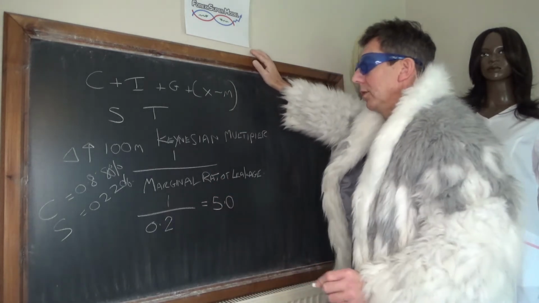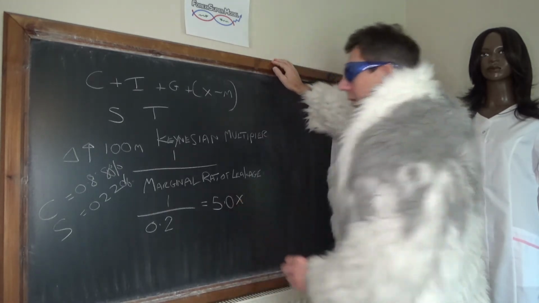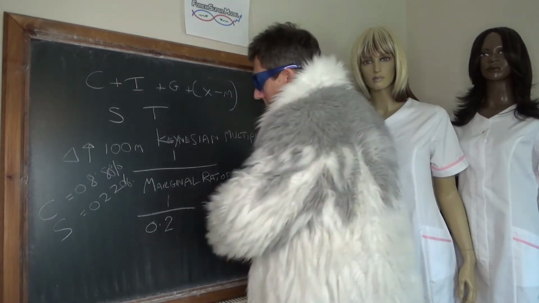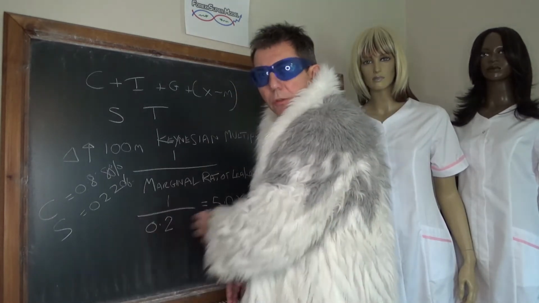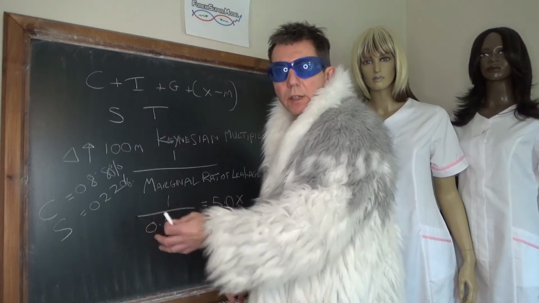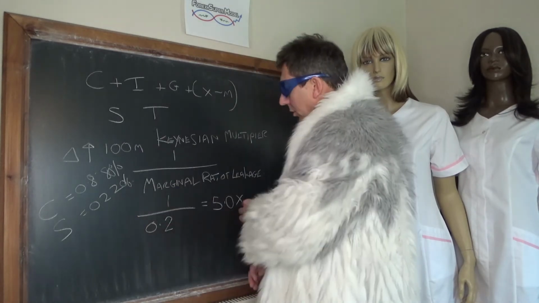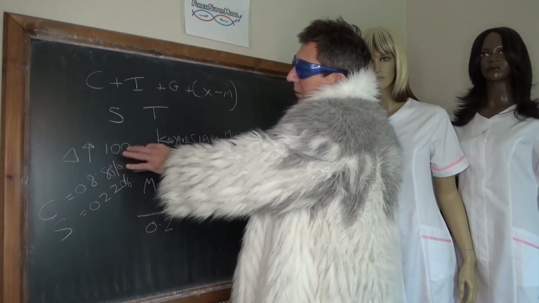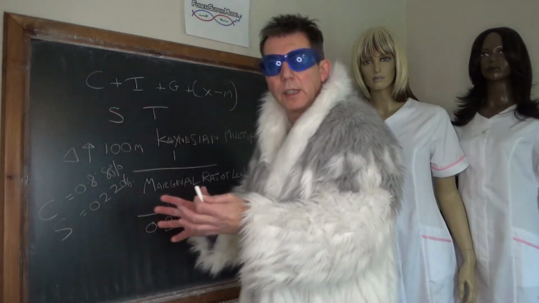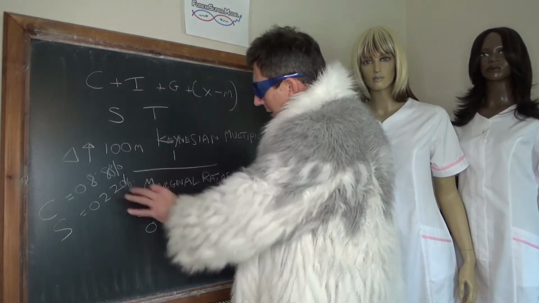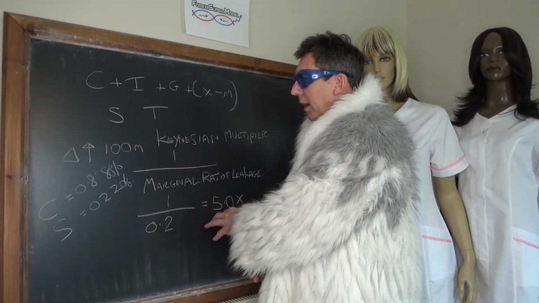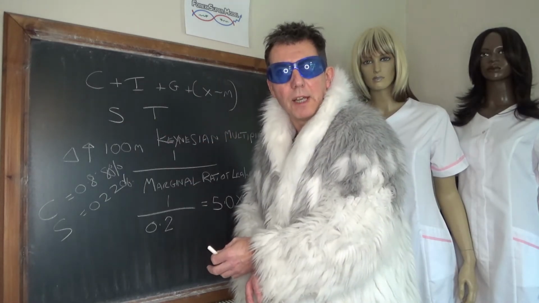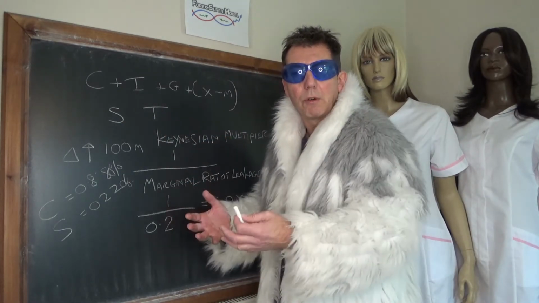So our multiplier is 5 times the initial injection. And it also works the other way. So if you had a leakage, it would be 5 times the marginal rate of leakage. So you can see that potentially, if the government injects 100 million into the circular flow, and we've got a suitable multiplier of 5, then we could get a 500 million increase in GDP over a period of time.